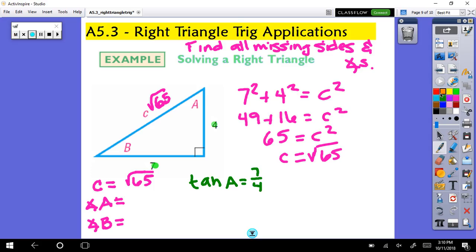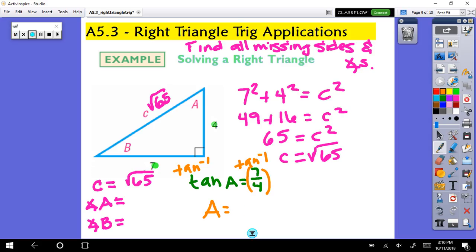Then I've got to use the tan inverse of both sides to figure out what A is. We're going to round to 2 decimal places. Make sure that you're in the right mode. If you get weird answers, it's probably because you're not in the right mode, which is what I just did.